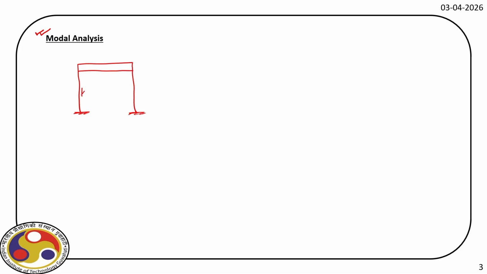The stiffness of each column in the lateral direction is given by K and the mass of this beam is M. Let us for the time being assume that these columns are massless compared to the beam or the roof slab. We have a roof slab here that we idealize using this mass. Compared to that, the mass of the column is very less and hence we neglect it.